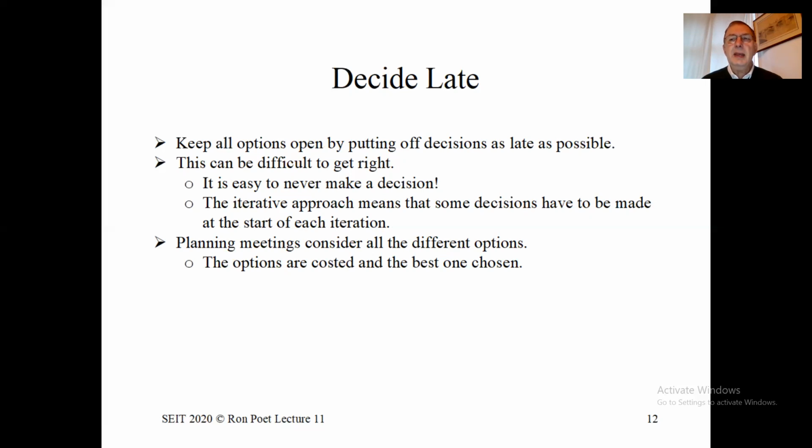At the end of the day, the project process is all about making decisions as we go along, especially the management of projects. So the iterative approach means that we've got a 2-week iteration, then you have to make decisions at the start of each iteration, and then you get to find out if they're any good or not within 2 weeks.